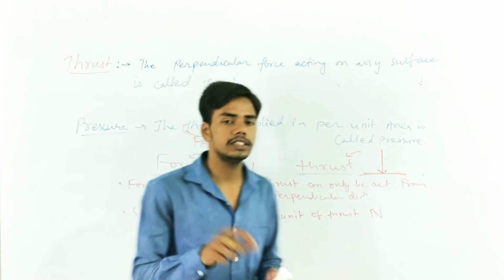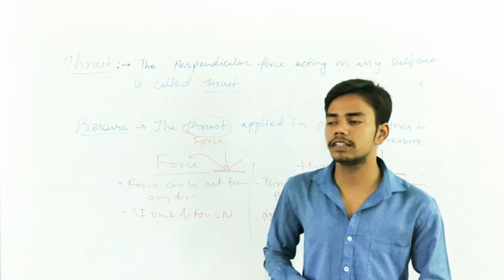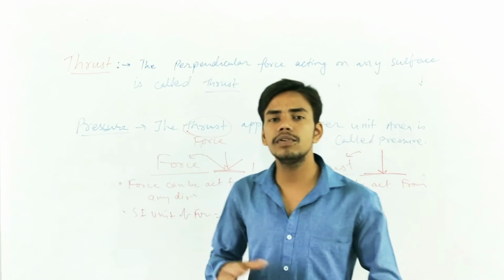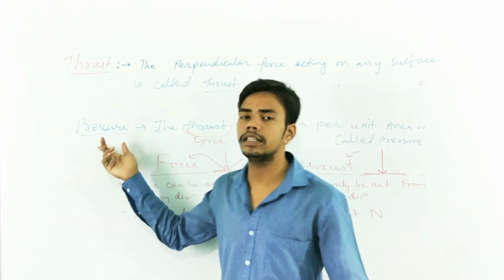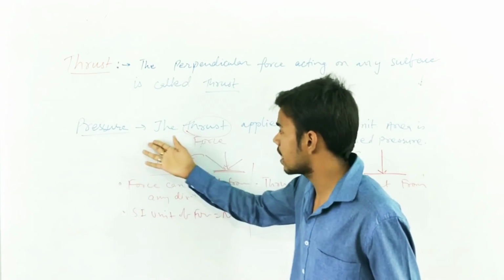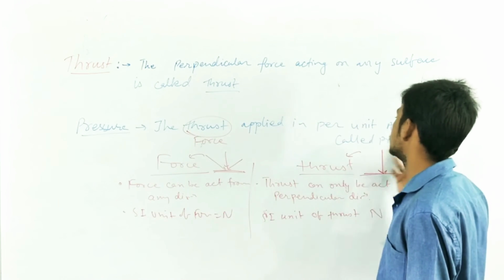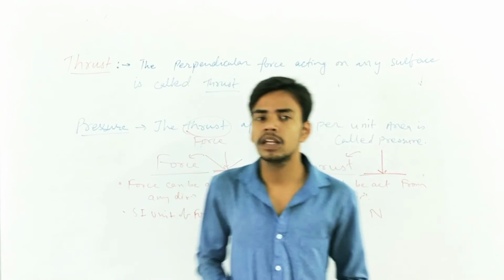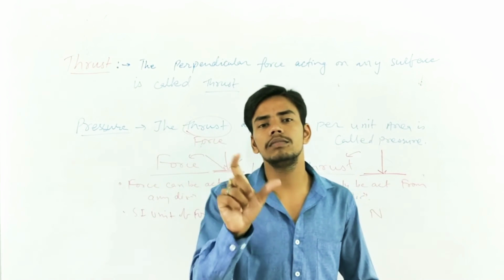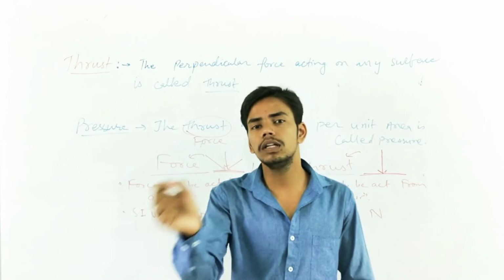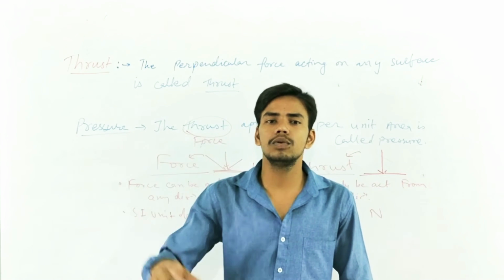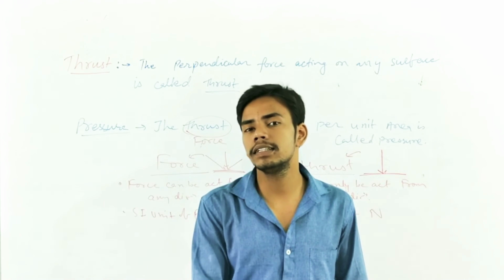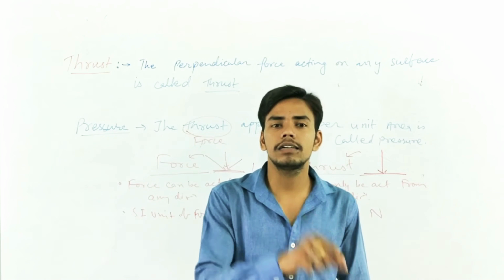So this is the basic difference between force and thrust. Sometimes if you find the definition of pressure, it can also be written as the thrust applied per unit area is known as pressure. So don't be confused, both terms are the same. The only difference is that force can act from any direction, but thrust will act only in the perpendicular direction.